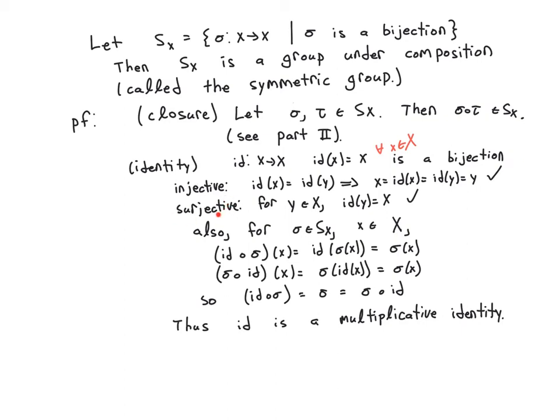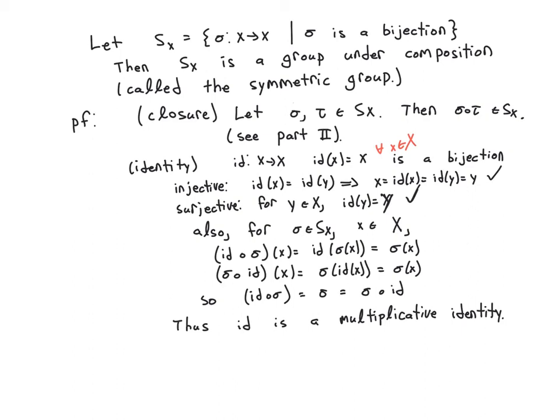Surjective, what do you need to check? You need to check for every y in the codomain there exists an x in the domain such that f of x equals y. Well, in this case, x equals y does the trick. So it is surjective. So it's trivially a bijection.